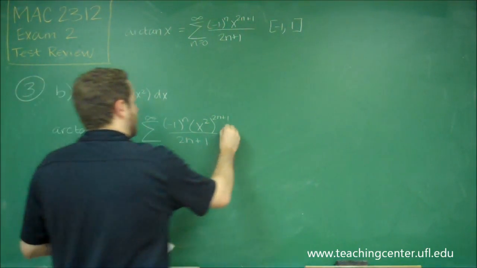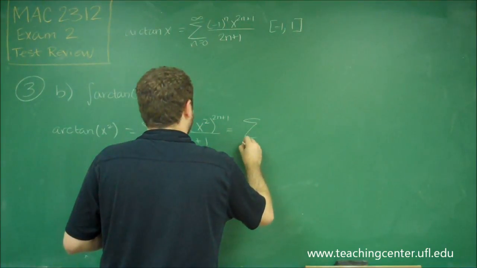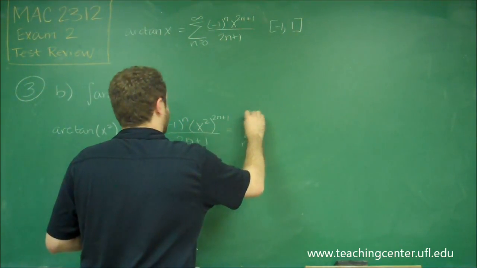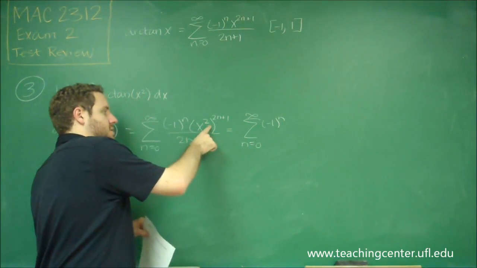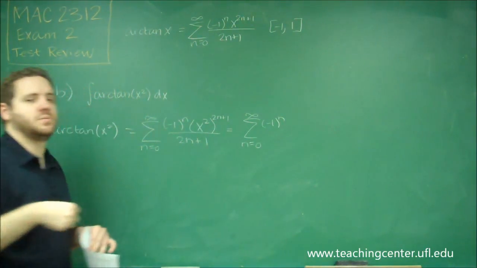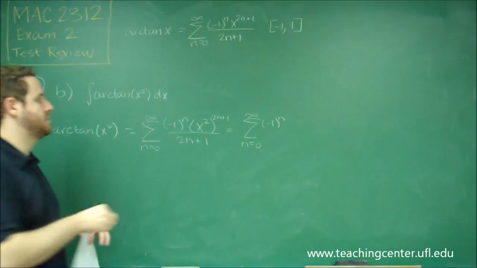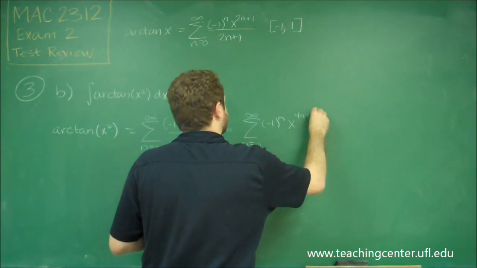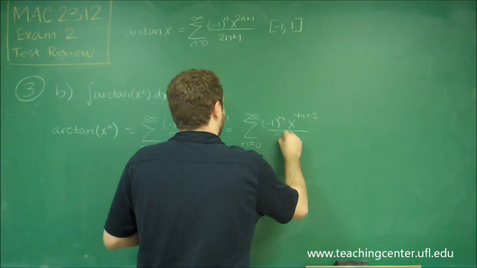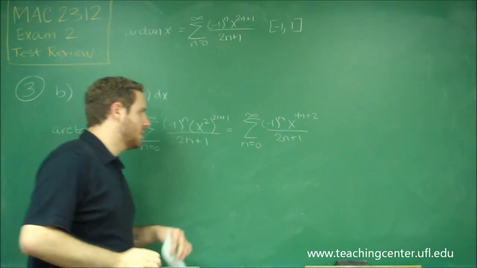That can be simplified a little bit. We have negative 1 to the n. When we have x to the 2 and then that raised to the 2n plus 1, remember we can take the product of those two exponents. So this is going to give us x to the 4n plus 2 all over 2n plus 1.